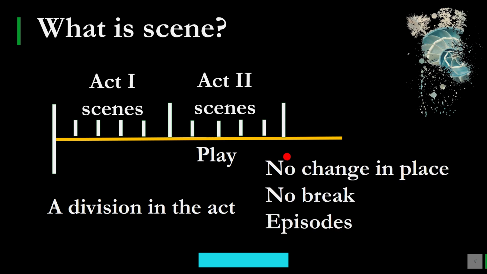Now dear students, three things are important here. There is no change in the place. Second, there is no break in the action. And third, this is presented in the form of episodes. You find different types of episodes which are interconnected in the acts. So scenes are the episodes.